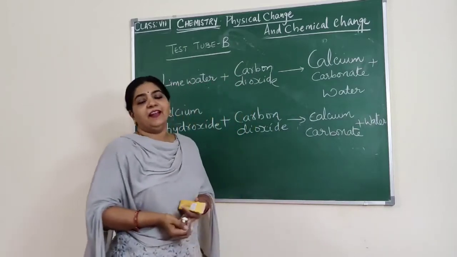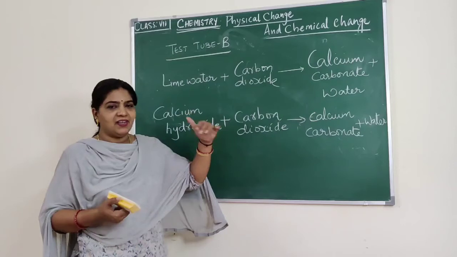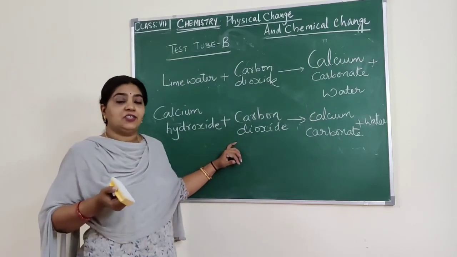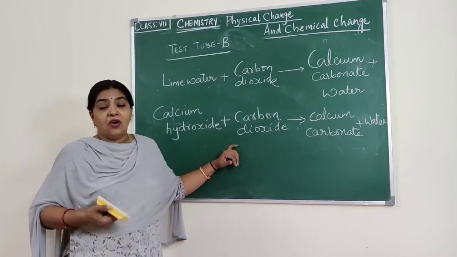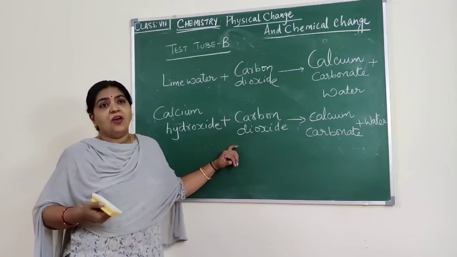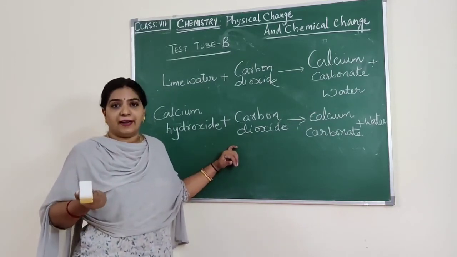See, this is again a chemical change, otherwise also called a chemical reaction. So in a chemical reaction, what we see is a change in temperature, or light is liberated, or a gas is liberated, or some kind of smell is liberated. See, you have seen firecrackers, right?